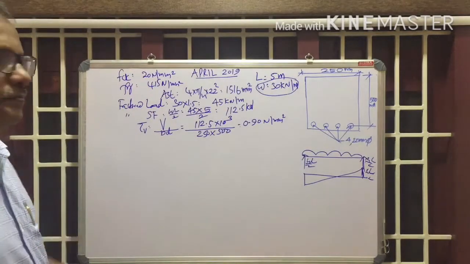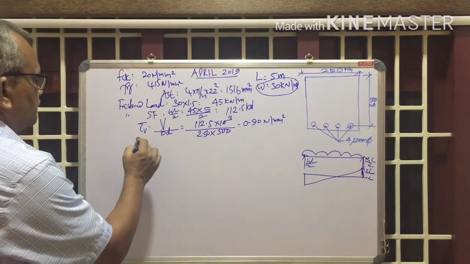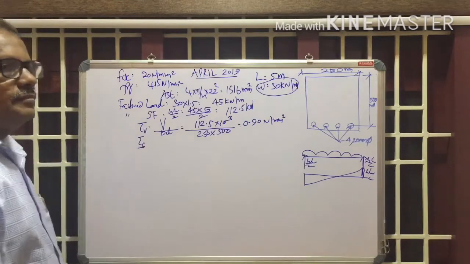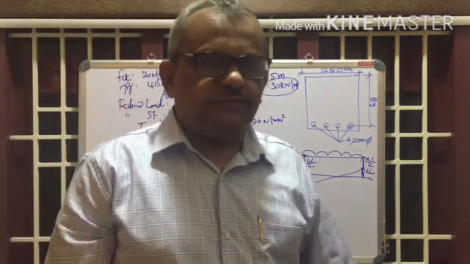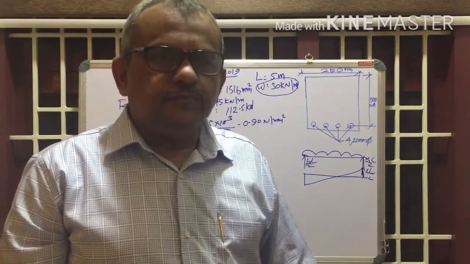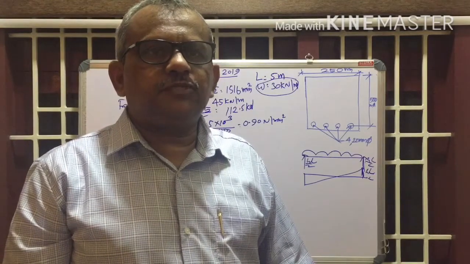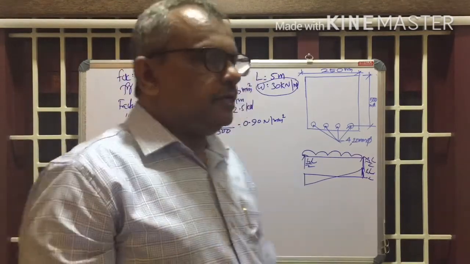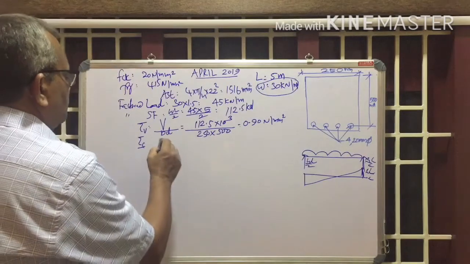Now what's the next step? We have to find out the design shear stress, tau C, and compare tau V and tau C. So to get tau C, what's the procedure? From the code, find out the percentage of reinforcement PT.